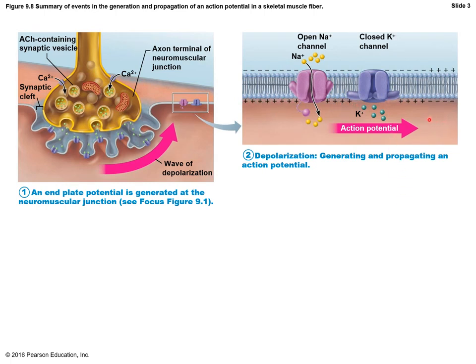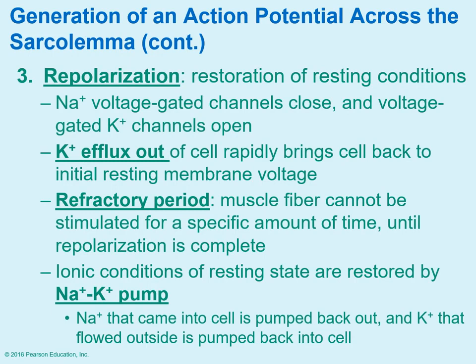You have this huge influx of sodium coming in. Your potassium gates right now, notice these are closed. Potassium is higher inside the cell, but this gate's closed, so it's not able to flow out. So you're keeping your positive charge in and adding even more positive charge. That's why the inside of the cell is now becoming positive. This action potential is going to extend all the way down the length of the cell.